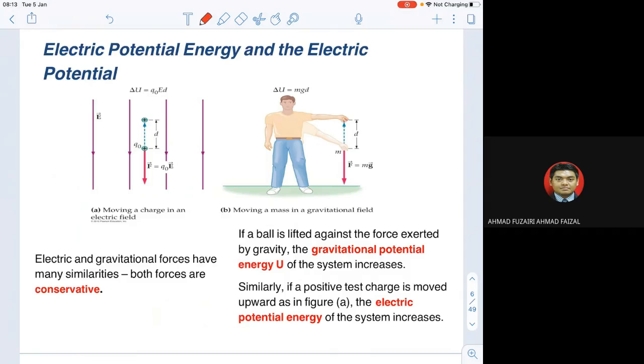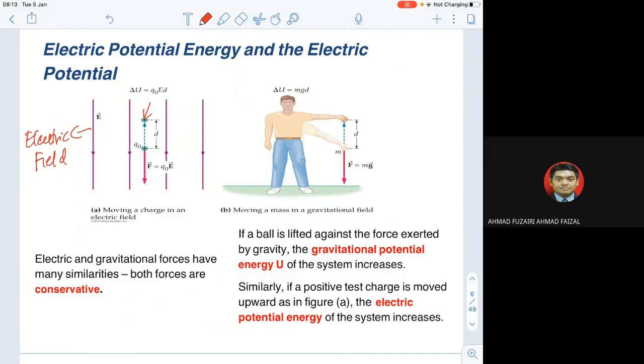Let's move to the part where we want to move a charge inside the electric field. Remember, the purple color is the electric field, and we have a positive charge.